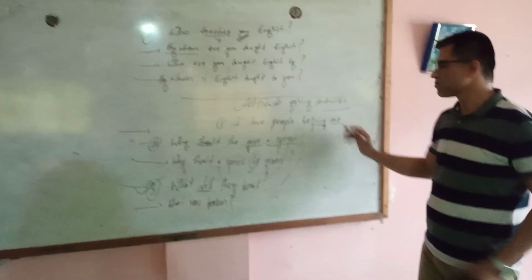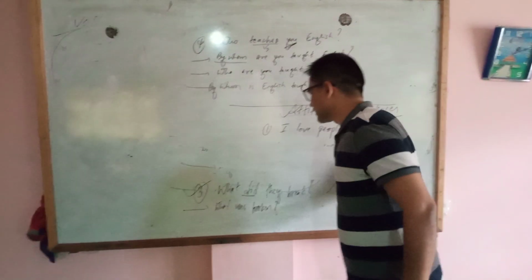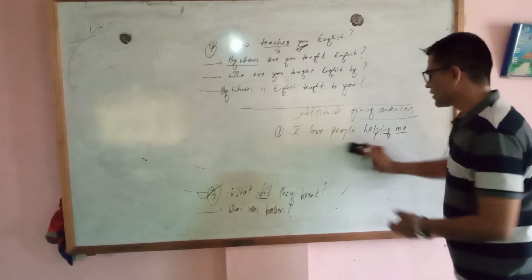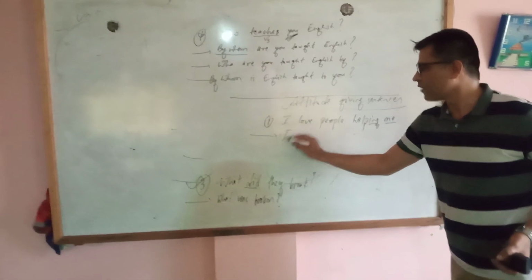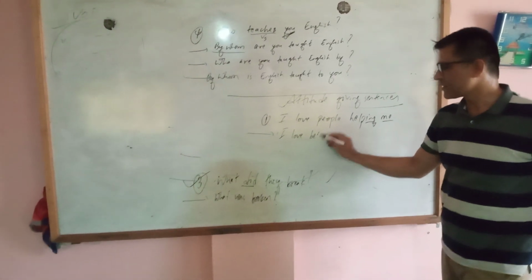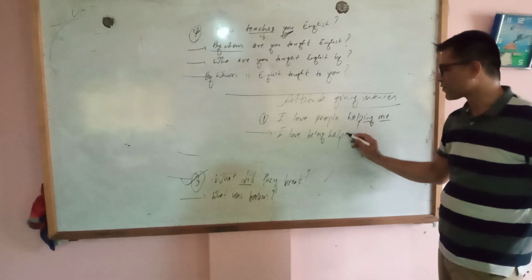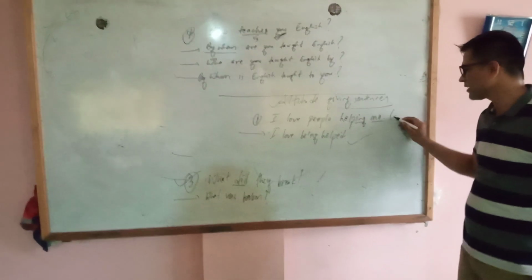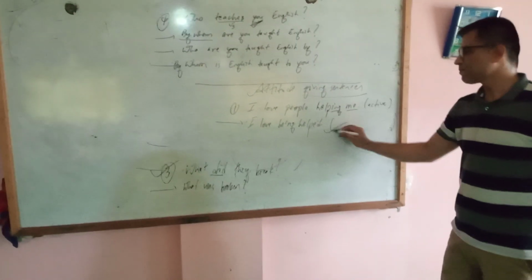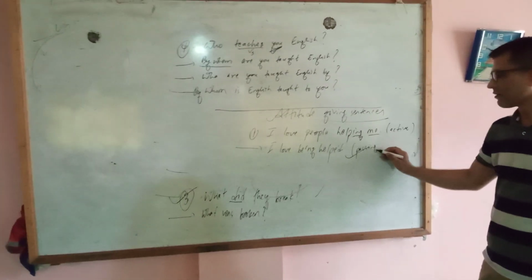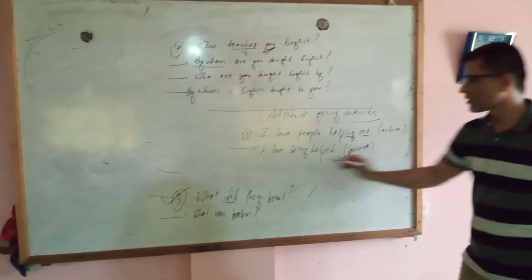After ing, if there is me, then you have to use being here. I love being helped. This is the passive voice. This is active and this is passive. Use of being.